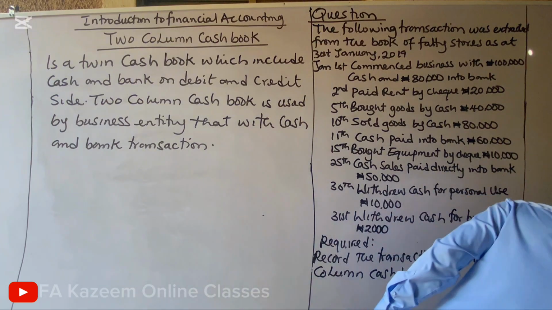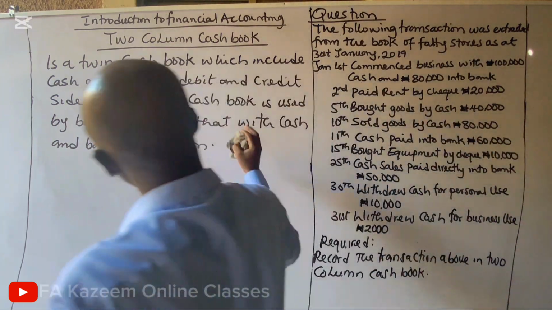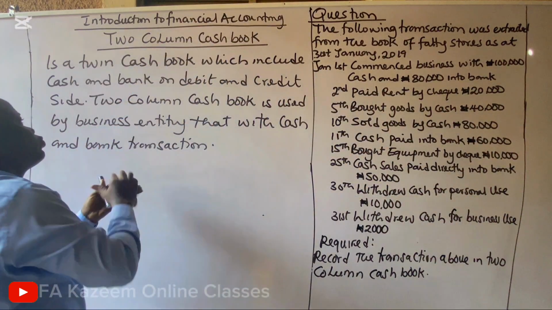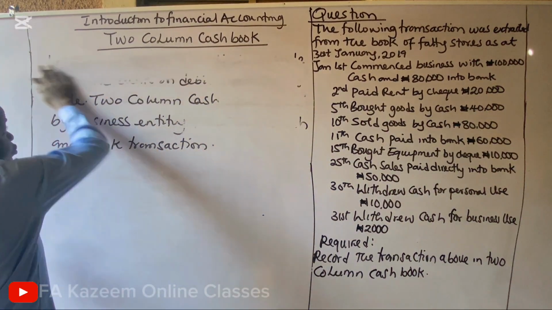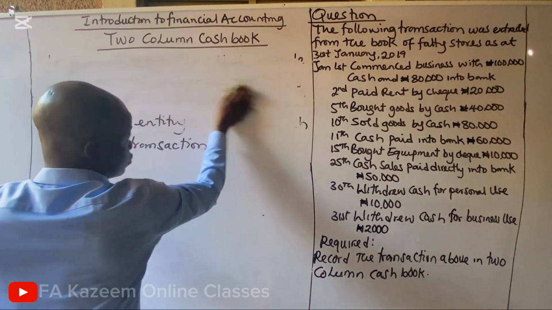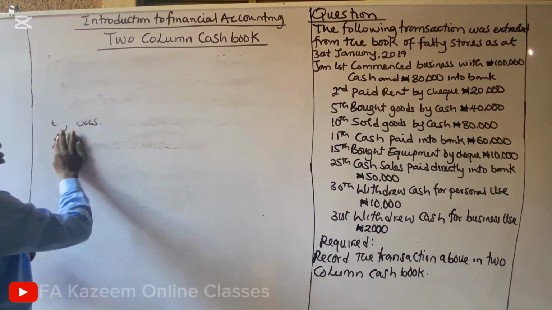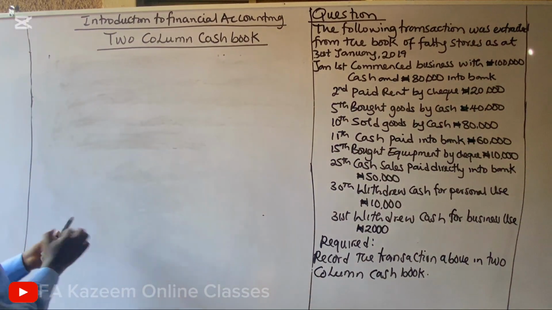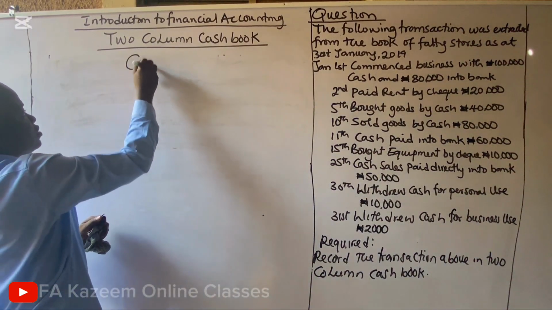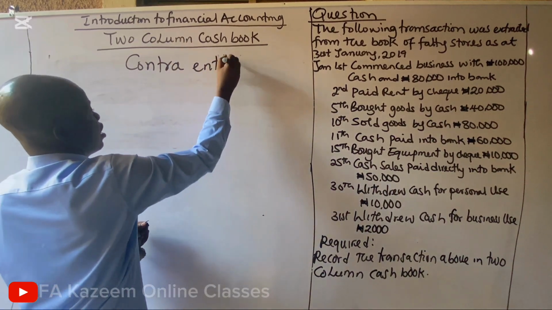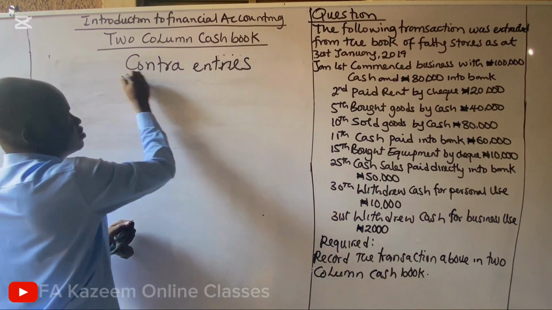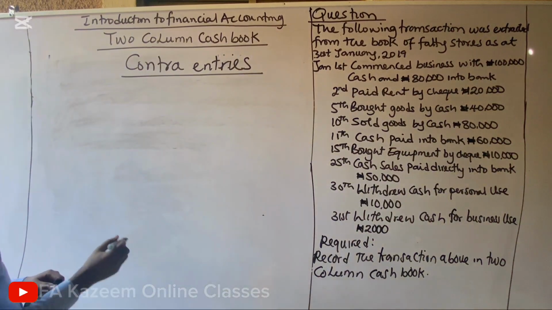The process by which you record under the cash column and under the bank column is two column cash book. Now we have what we call contra entries in two column cash book. What is contra entries?